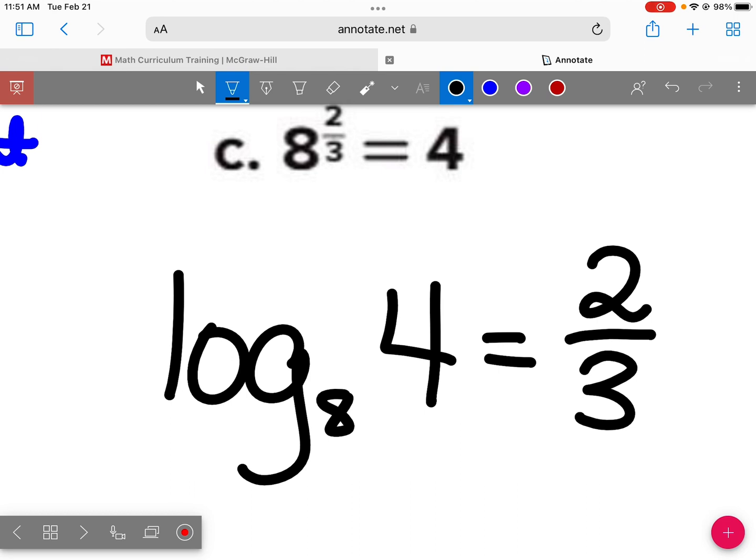Again, I'm going to give you about 30, 45 seconds to write the check in logarithmic form. What does this look like?